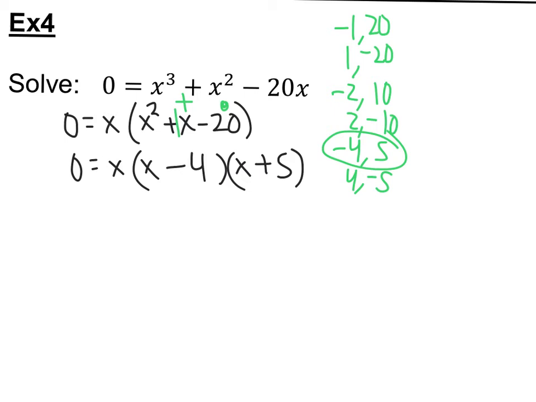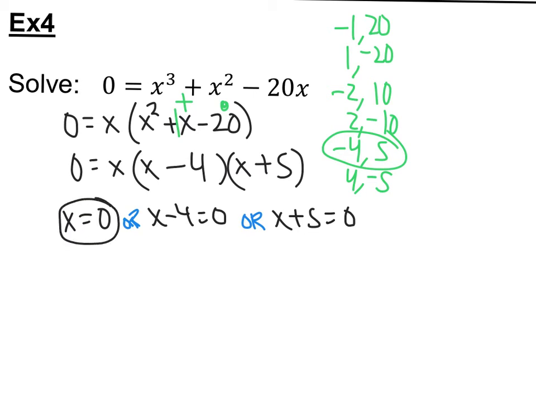And now, since I have this completely factored equaling 0, I'm going to use the zero product property. So each factor equals 0: the first equals 0, or the second thing equals 0, or the last thing equals 0. And it's important to write down the word or. If you can remember, they could all equal 0, but it doesn't have to.